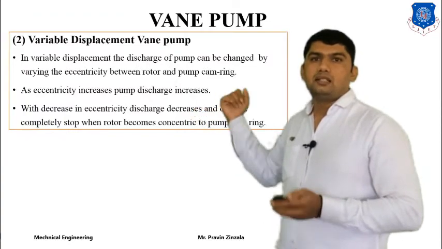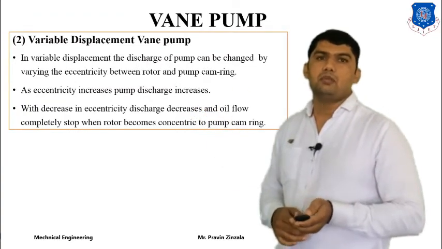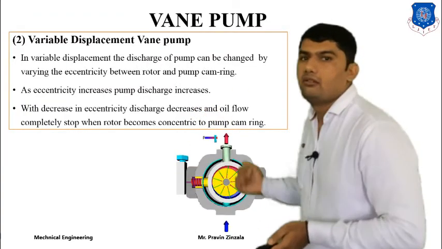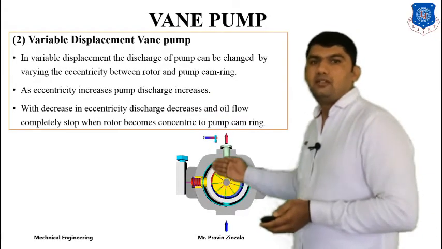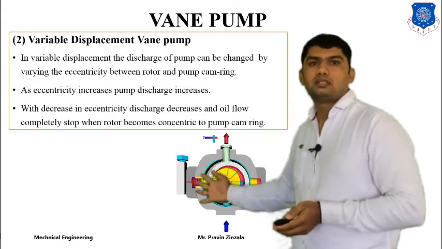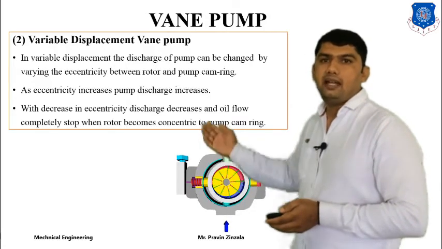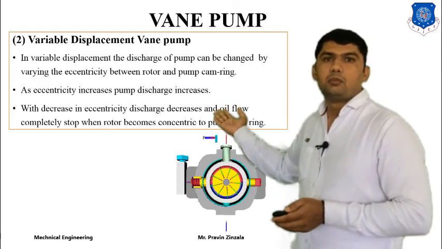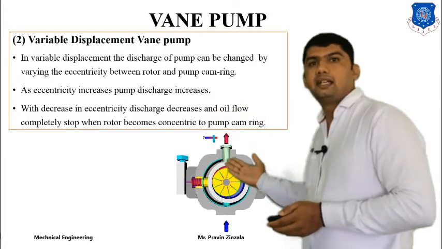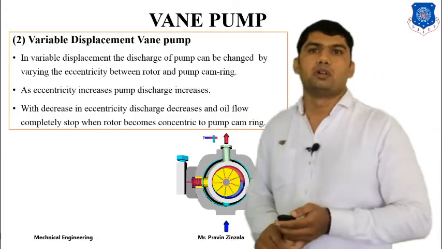The next vane pump is the variable displacement pump, which means the output can vary. It is varied by utilizing a mechanism such as a spring mechanism. Increasing the eccentricity increases the pump discharge and decreasing the eccentricity decreases the pump discharge.